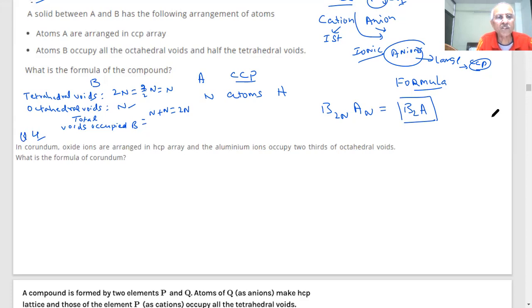In corundum, oxide ions are arranged in HCP array, and aluminium ions occupy 2/3 of octahedral voids. What is the formula of corundum? Corundum is the name of an ore of aluminium. This question was given in the paper sometime.